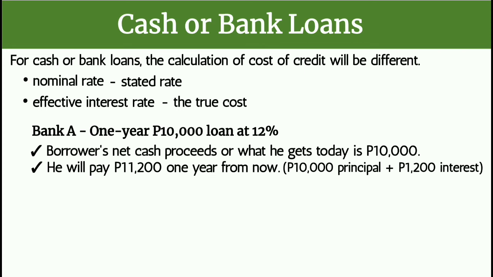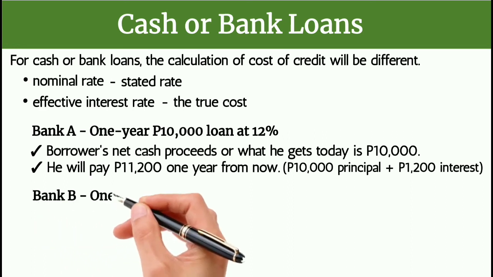Of course, yung 1,200 pesos, that is computed by getting the product of 10,000 and 12%. 10,000 pesos times 12%, that is equal to 1,200 pesos.